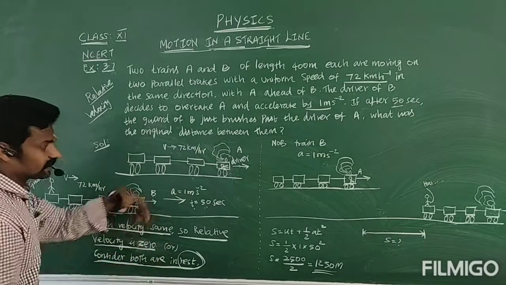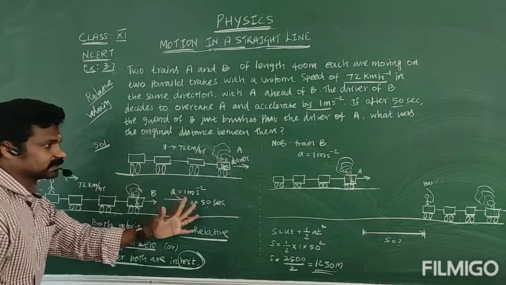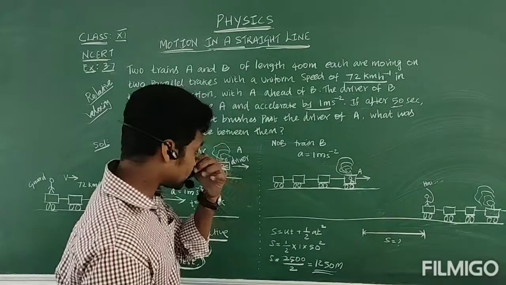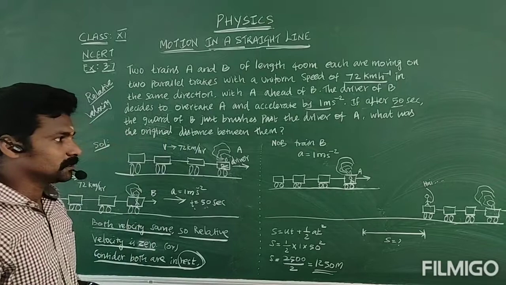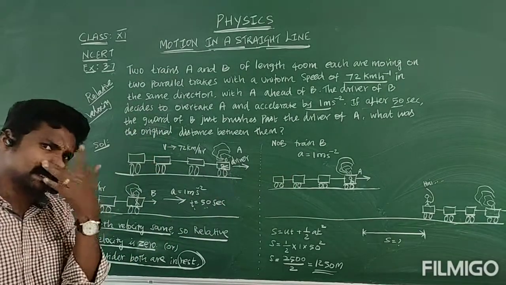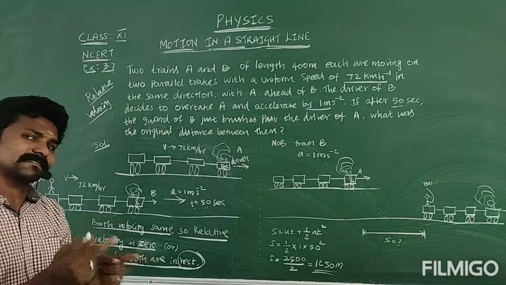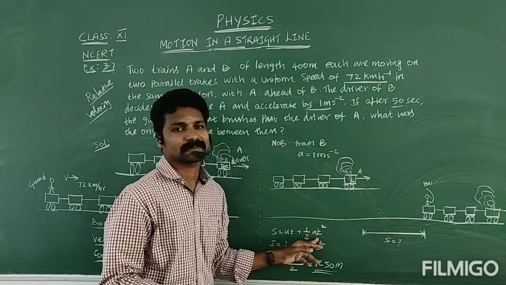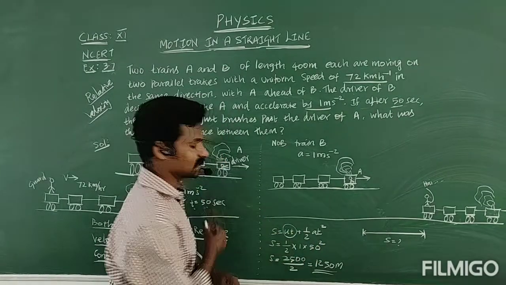Then he applied the acceleration 1 meter per second square for 50 seconds, so train B overtakes and crosses. After 50 seconds, what is the distance between them? Initial velocity we consider as 0, because before the acceleration the relative velocity is 0. So I use the formula S equals ut plus half a t square. Initial velocity is 0, so this term will not come.